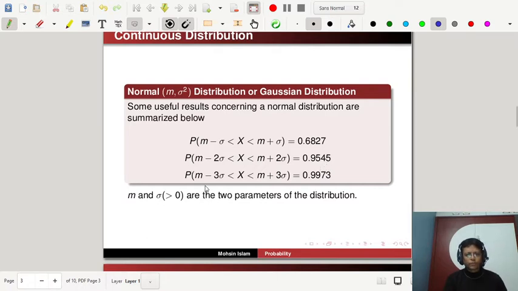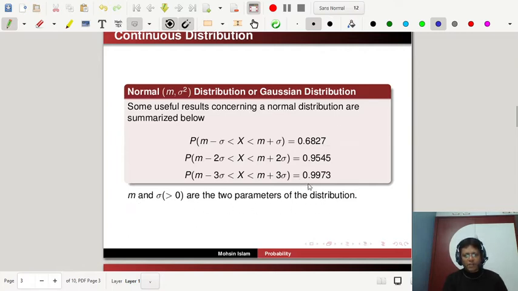Also probability of m minus 3 times sigma less than x less than m plus 3 times sigma is almost 0.9973. Okay, m and sigma, two parameters.